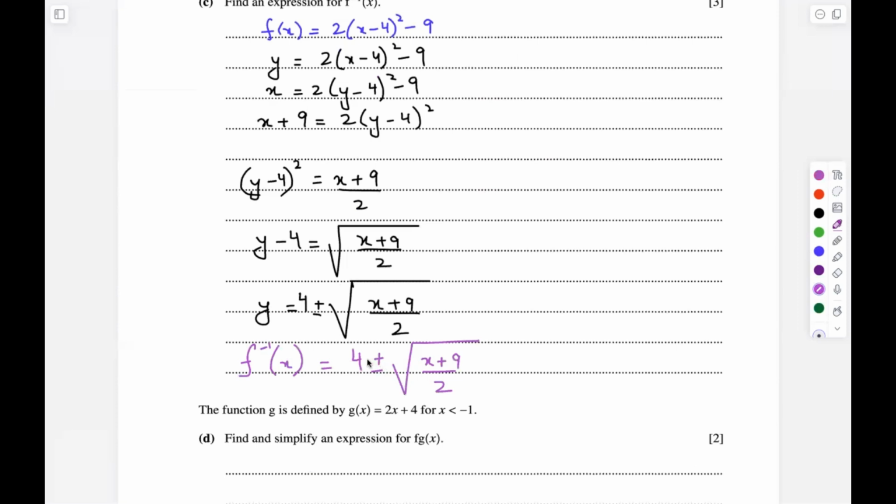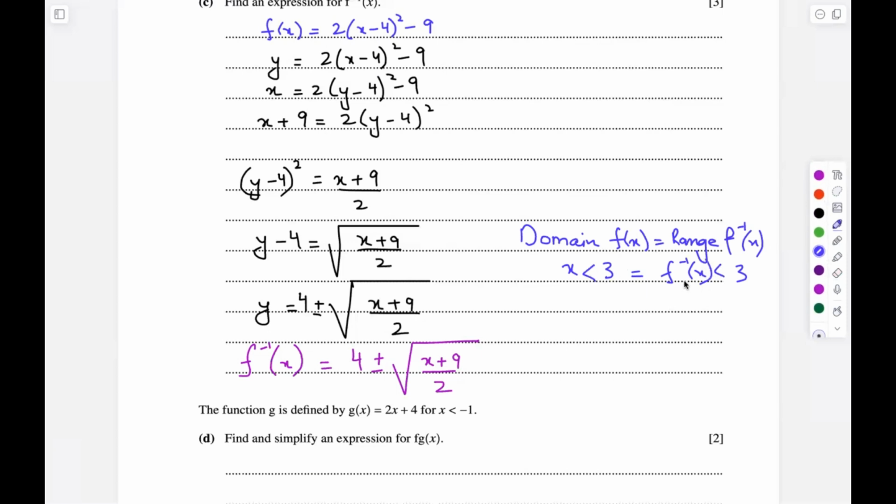Now, if we take a plus value, the value will be greater than 4. What we need to understand is that the domain of f of x is equal to the range of f inverse of x. The domain of f of x was x less than 3, so the range of f inverse of x will also be less than 3.